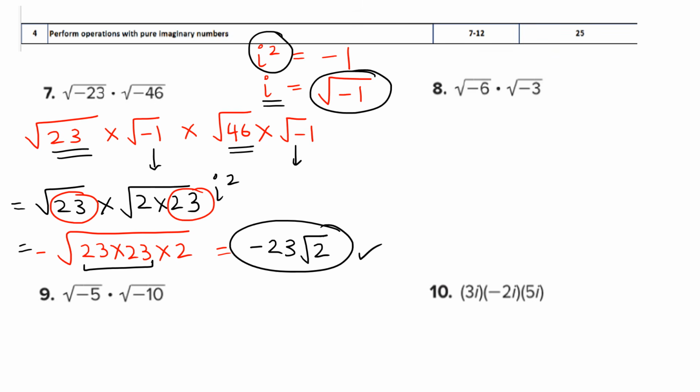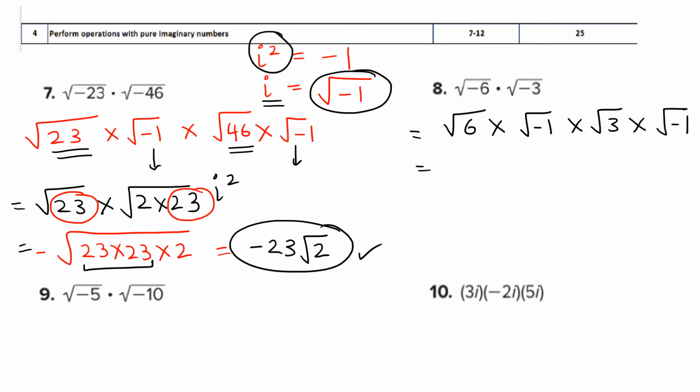These are the steps I do to explain to you. If you feel like your calculator can give you some shortcut, you may use it, but be careful of your sign. Let's do one more to make it easy. This is again 6, and for the negative sign I will put -1 separately. Similarly 3 and -1 separately.